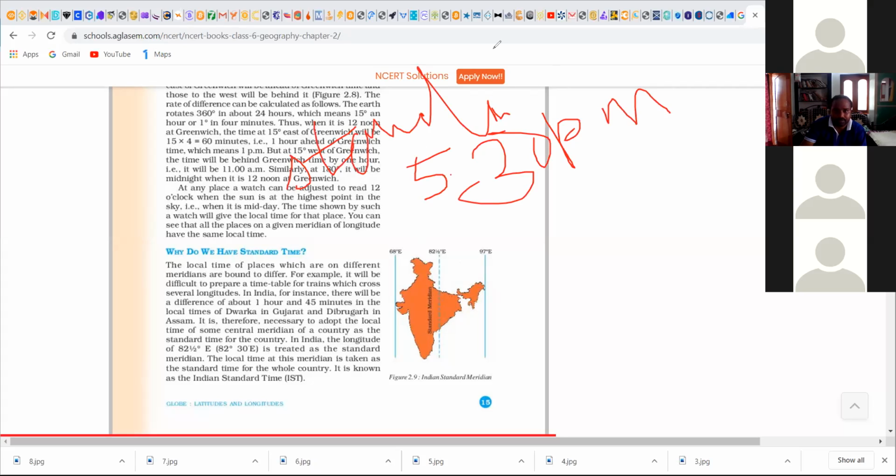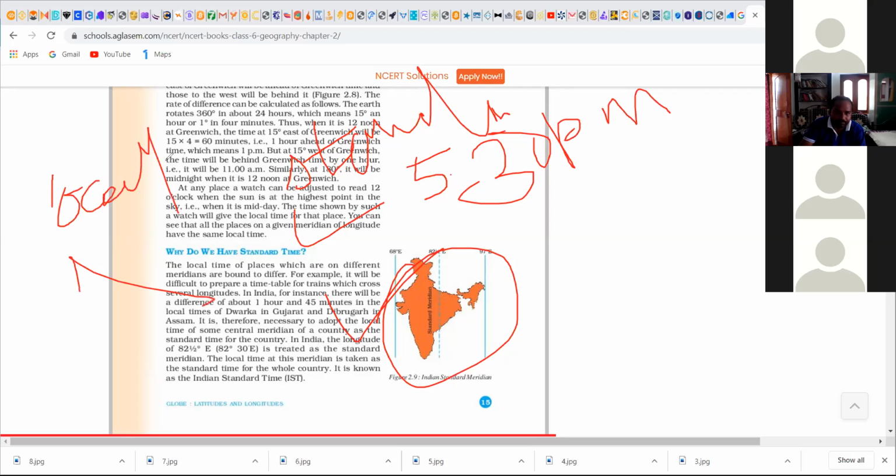Standard time is what we are just taking as the standard. There is a lot of difference between the two times, local time and standard time.